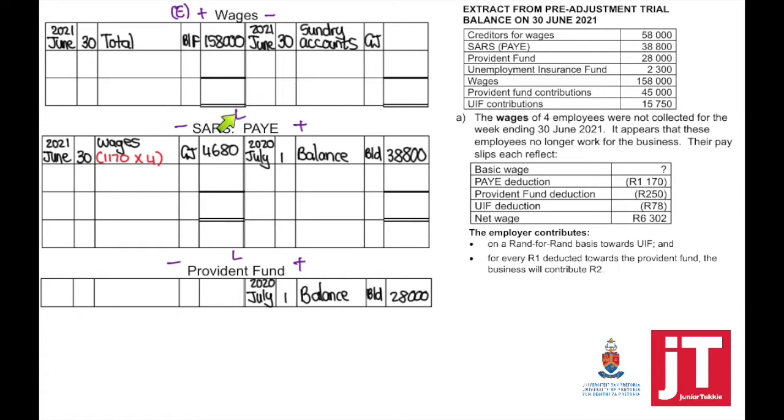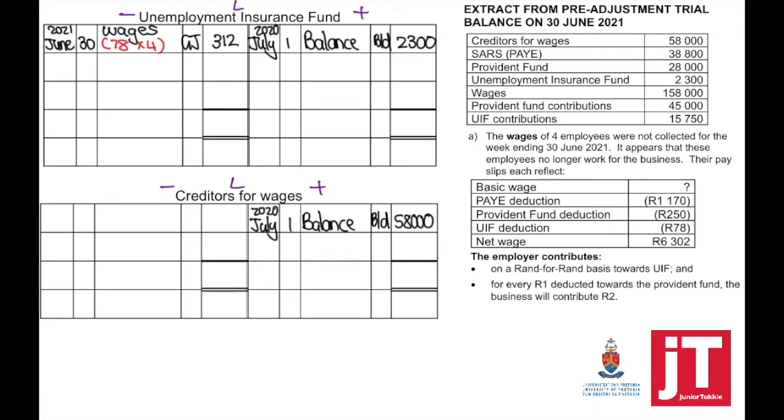So for every credit, there's a debit. If we look at the Provident Fund, the total deduction is 250 per employee. We have 4 employees. For every credit, there's a debit. The UIF deduction is 78, so the unemployment insurance fund is going to be debited with 78 times 4 because we've got 4 employees.